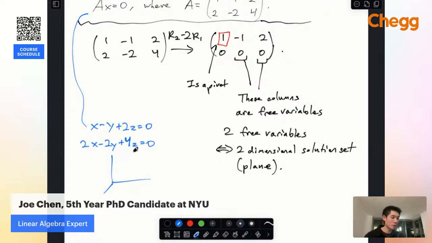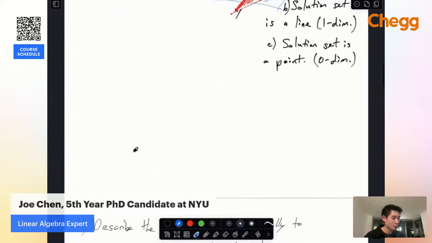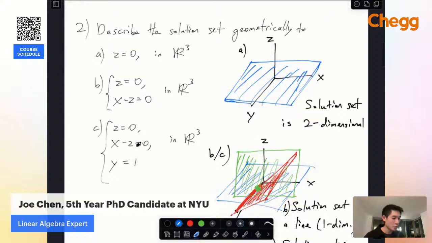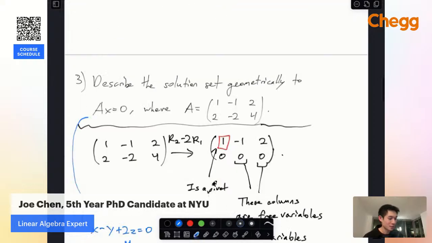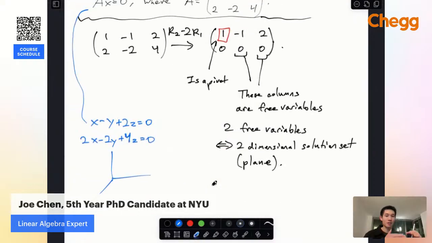And if you went by the logic in the examples up here, when we had 2 equations, the solution set was supposed to be a line. This is like each equation knocks the dimension down by 1. So you went from all of R3 down to a plane, down to a line.